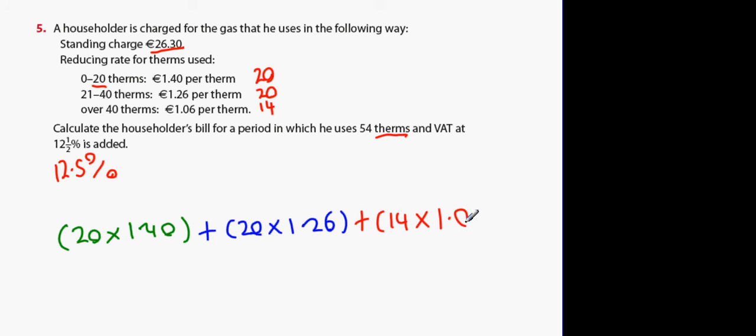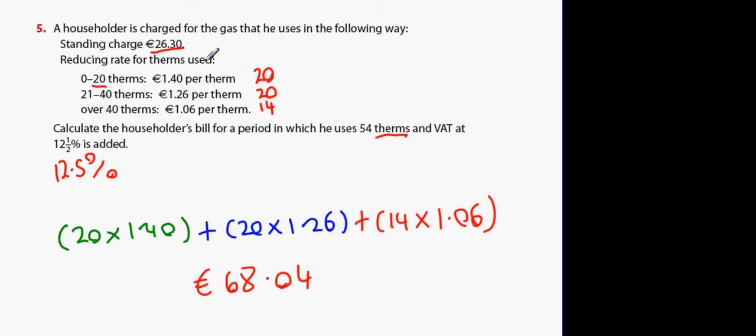So everybody enter that into your calculator exactly as it looks. Remember to use brackets and add them all together. Close bracket, and what you'll get there is €68.04. Is everybody agreed?